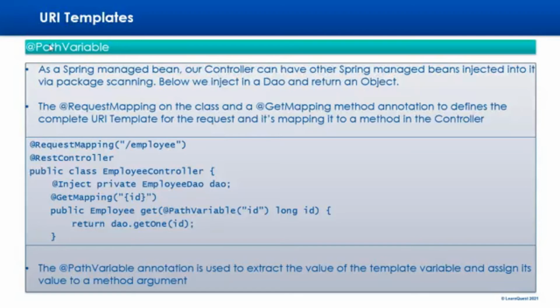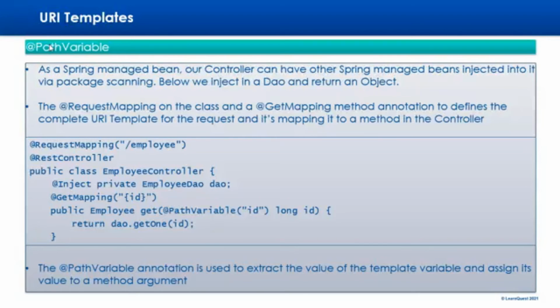What we're saying here is that if you pass in a URL of employee slash something, that something is in the placeholder position of the URL. We can extract that using the @PathVariable annotation. We give it a name, id, because we may have more than one placeholder in our URL. We want the one called id. I only have one here.